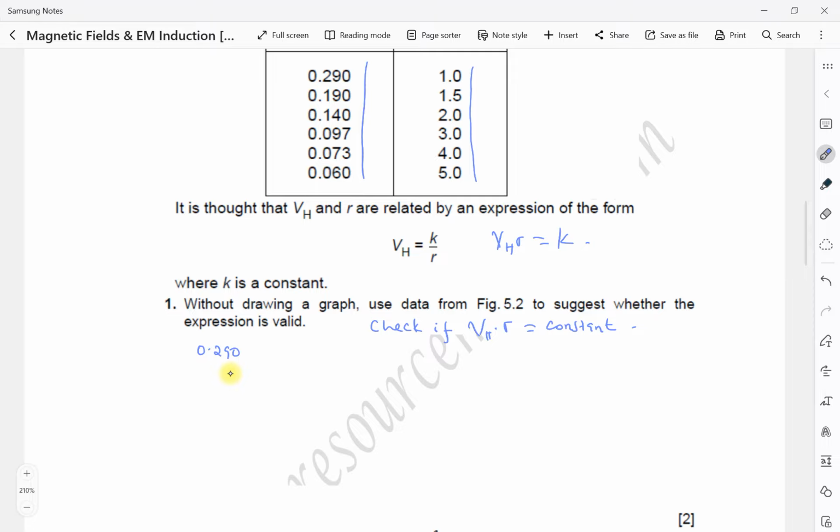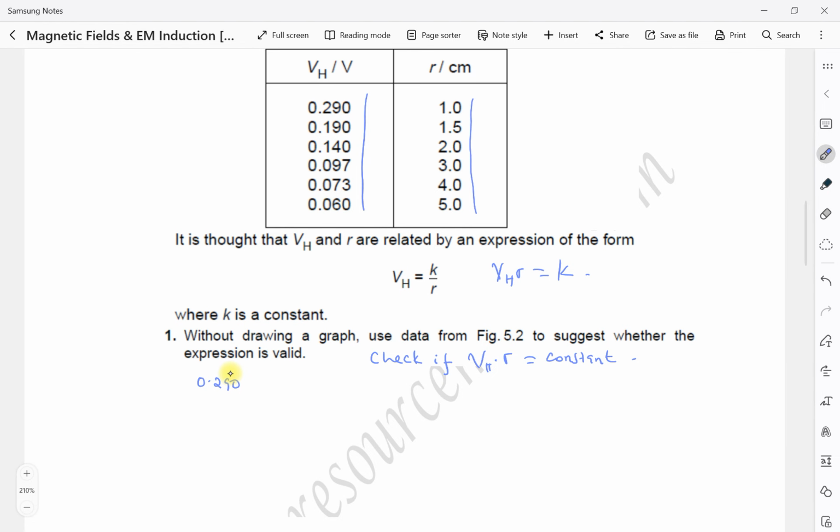Okay, so the first one is 0.290 volts times 1.0 centimeters. This gives us 0.290 volts centimeters, or approximately 0.3 volts centimeters to one significant figure.